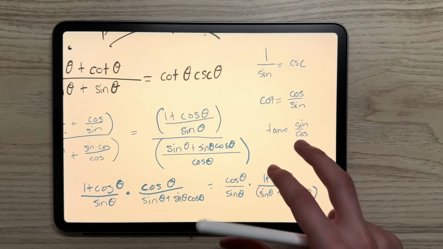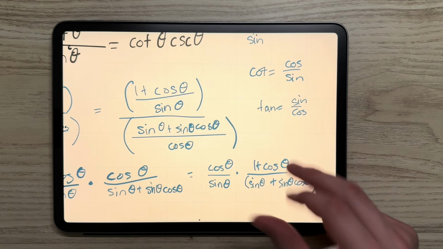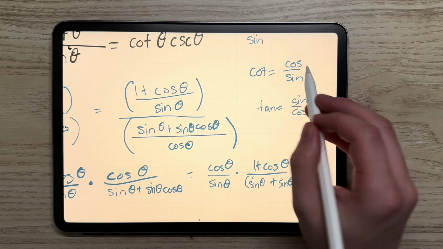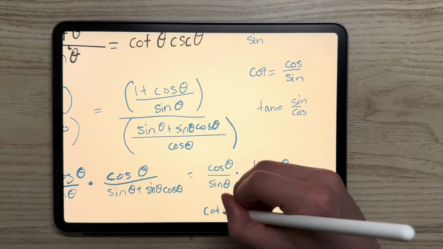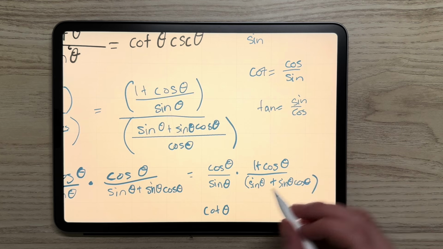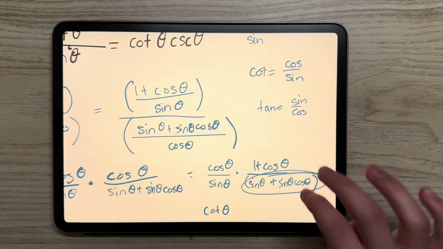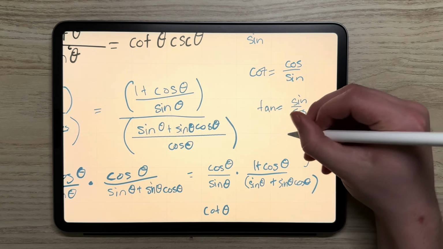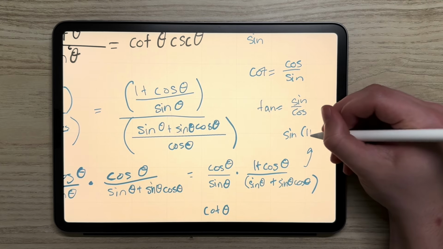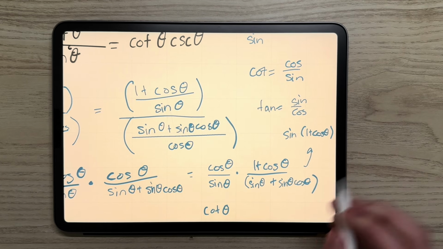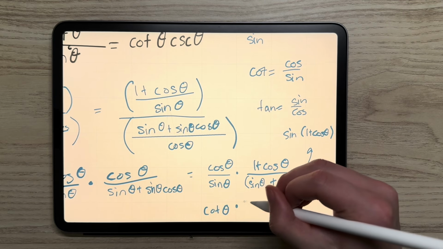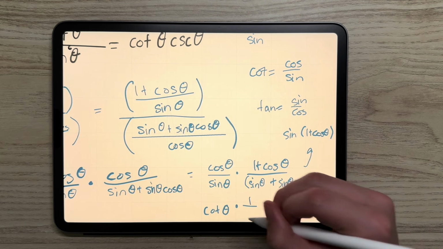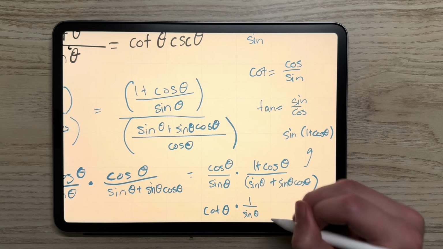So we can simplify this a little bit more. Cosine of theta over sine of theta is equal to cotangent theta. And this bottom part is equal to sine times 1 plus cosine theta, and that's conveniently going to cancel out with this thing on the top. So we're going to be left with 1 over sine theta.